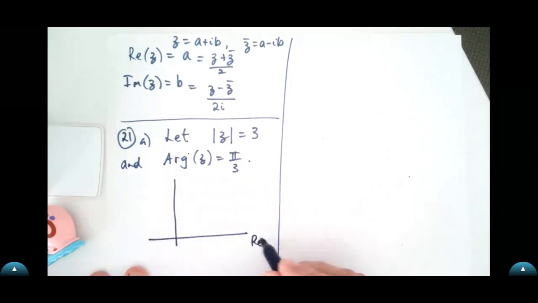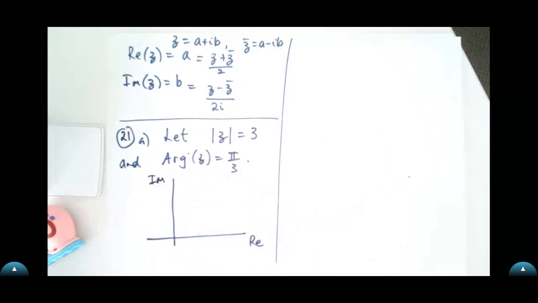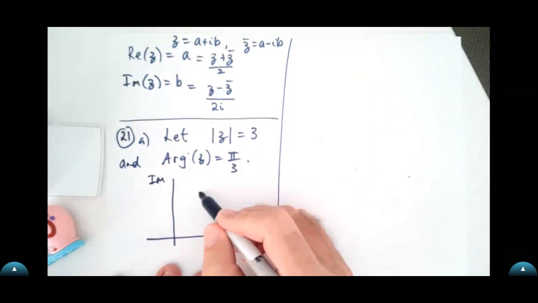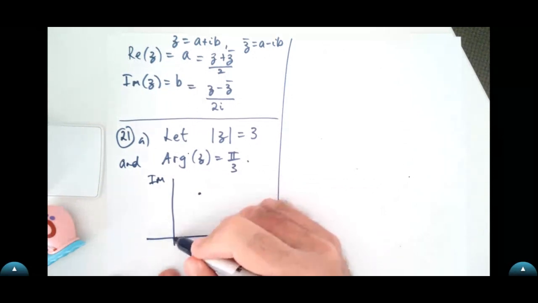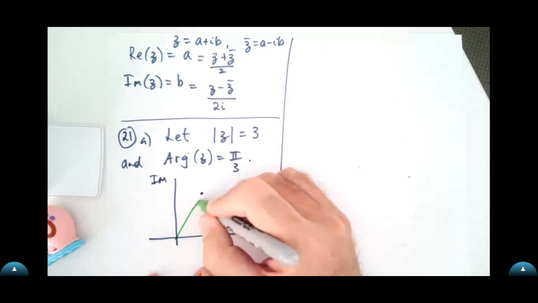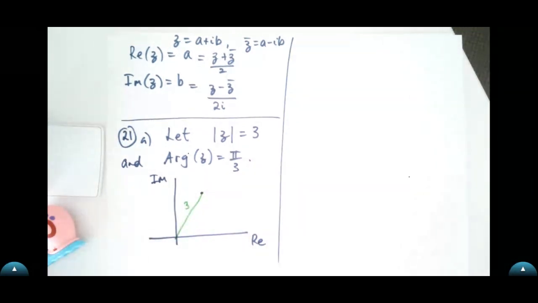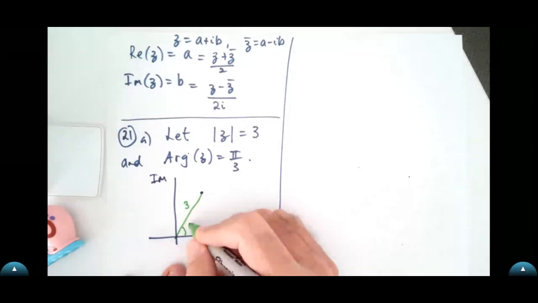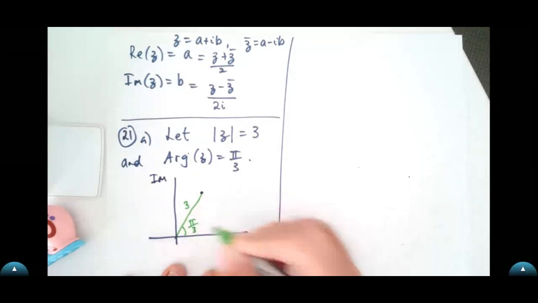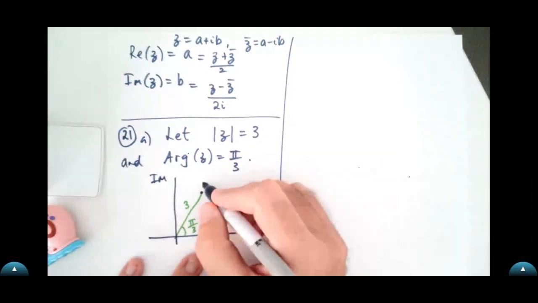Here's the real axis. Here's the imaginary axis. And we put a complex number in here. This length is 3 units. And this angle is pi on 3 radians.